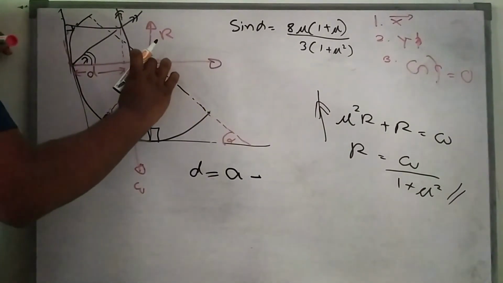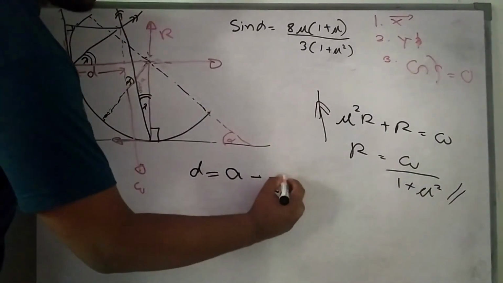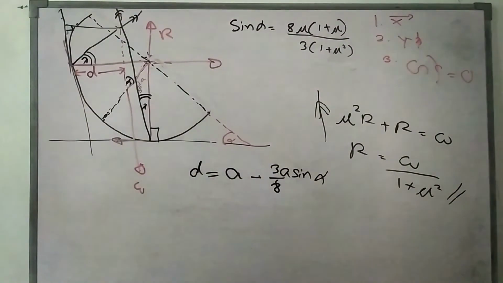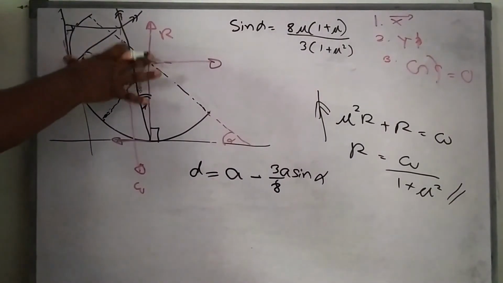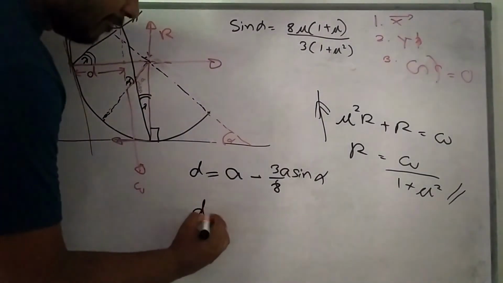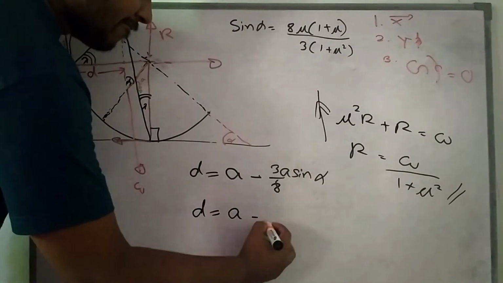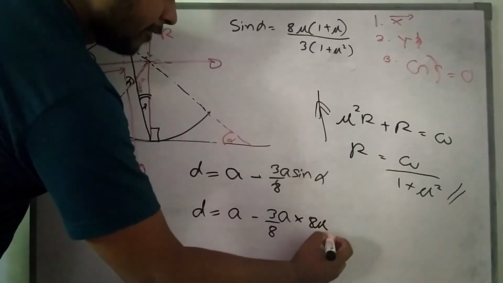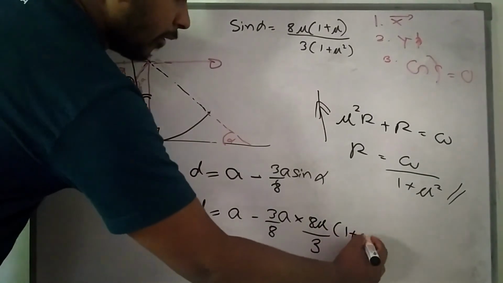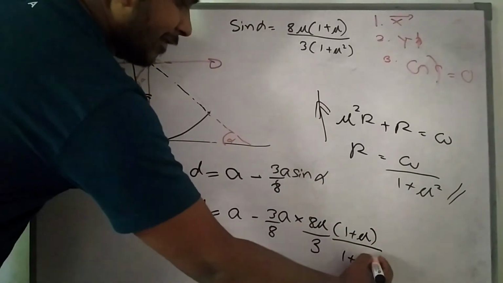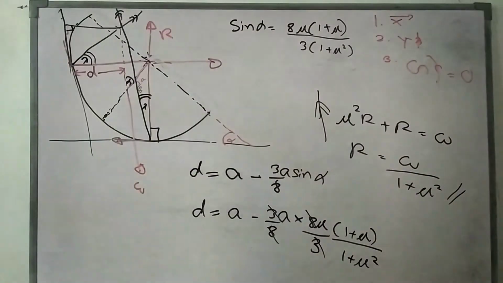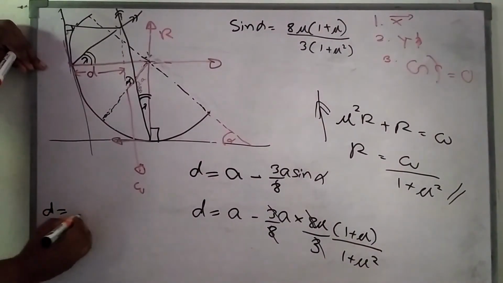And this is the distance, actually the distance from the wall to the final reaction. So D can be written as A minus A sine alpha, no? So D will be A minus that. So you can calculate to find the D value.